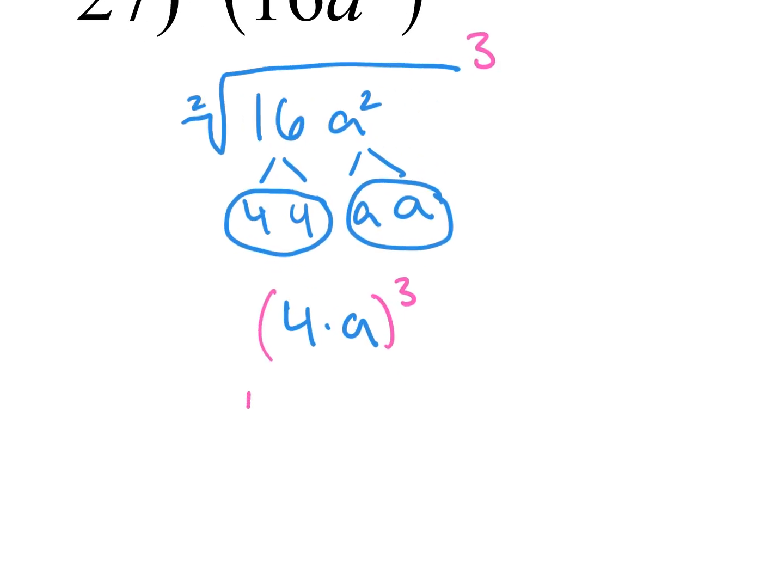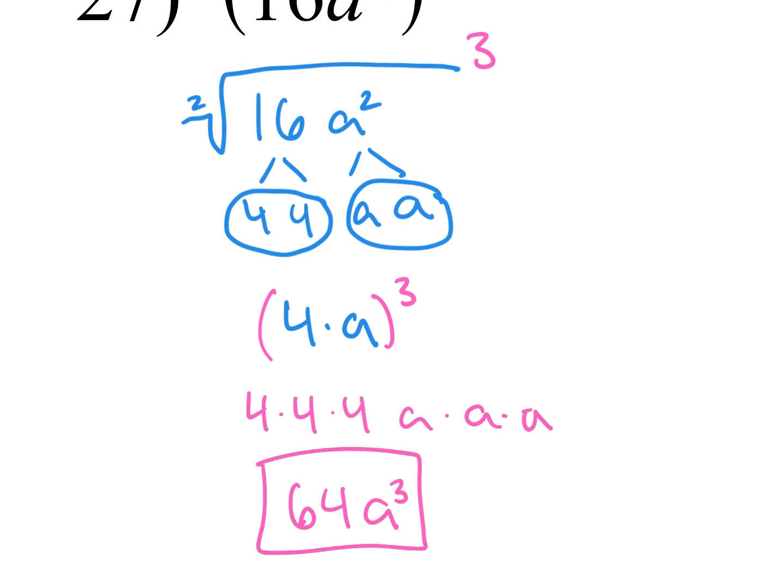So this is like saying 4 times 4 times 4 and a times a times a. So what's 4 times 4 times 4? 64. And what's a times a times a? A to the third power.